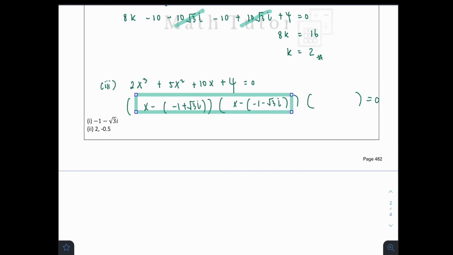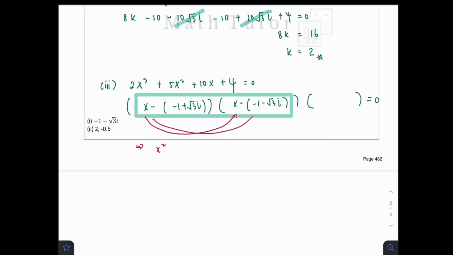So what we need to do now is to expand it. So x multiplied with x, I'll get x squared, and this with this, I will get -1 minus square root 3i x. This with this, I'll get -1 plus square root 3i x.